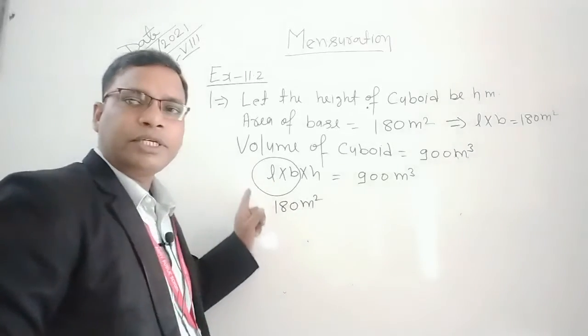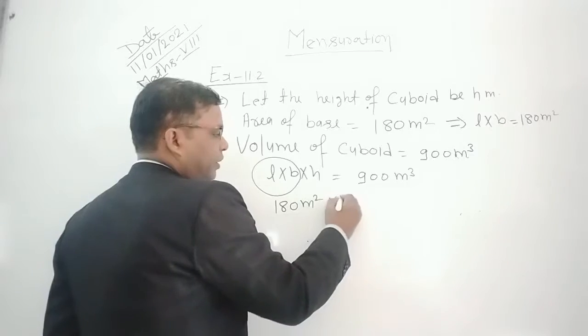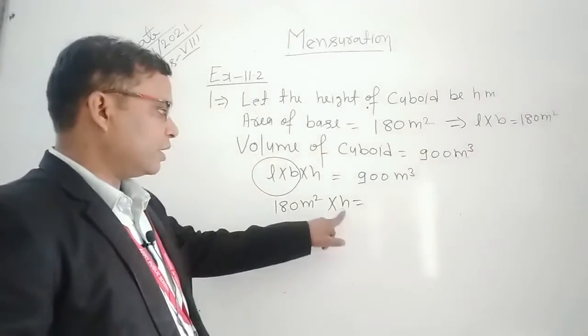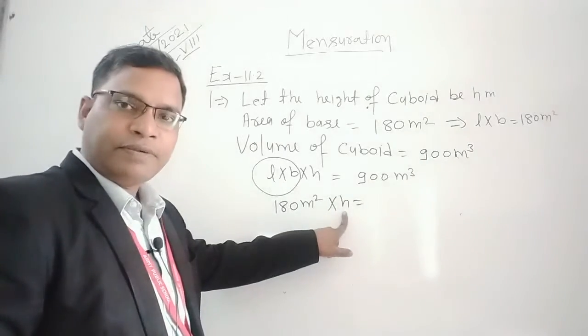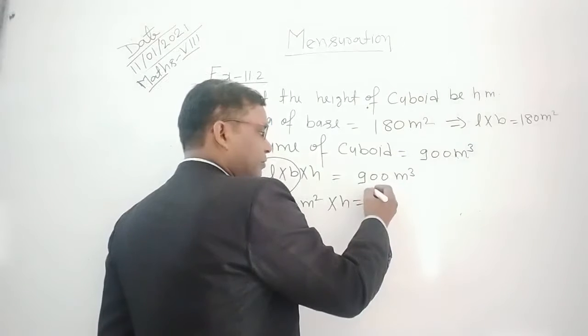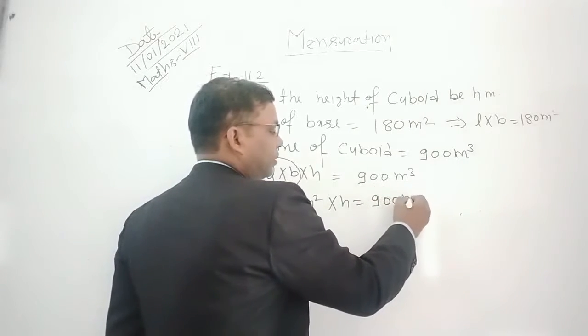L into B represents base area of the cuboid, into H. We need to find the height of the cuboid. Height of the cuboid is represented by H. So you can write here on the right hand side 900 meter cube.